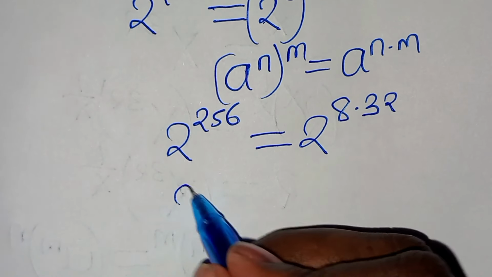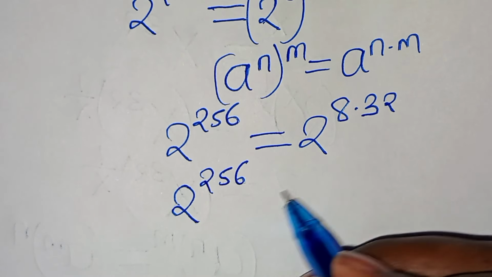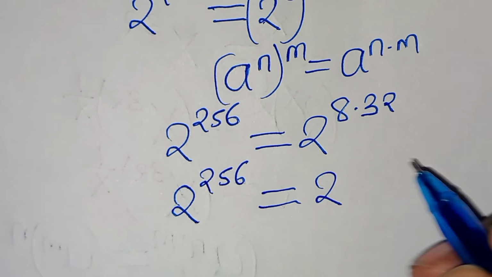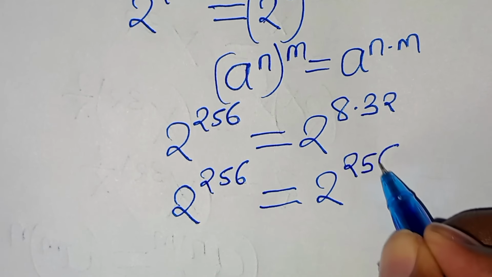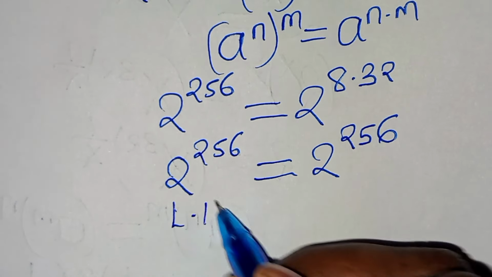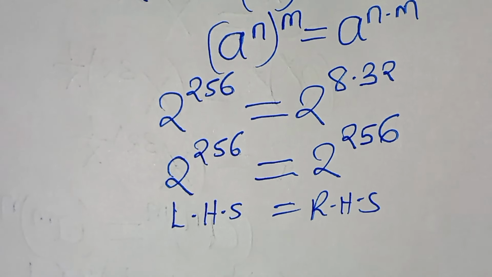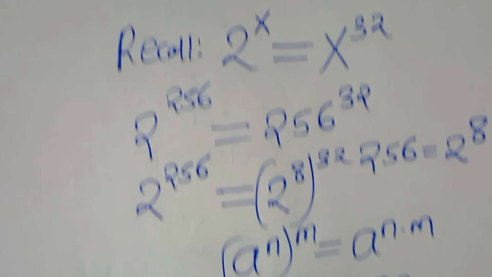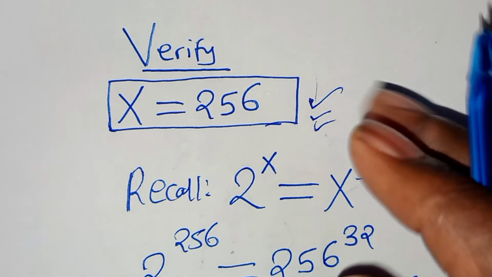So here on the left hand side we have 2 to the power of 256, which is equal to 2 to the power of 32 times 8, which is 256. So the left hand side is equal to the right hand side, and this affirms that the value of x, which is equal to 256, satisfies the equation.